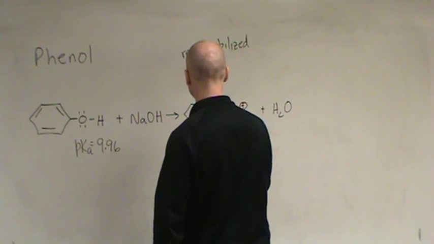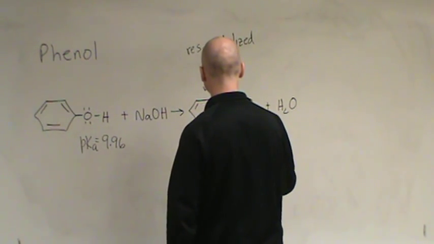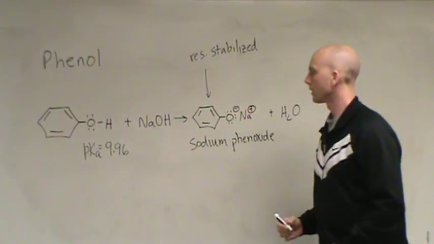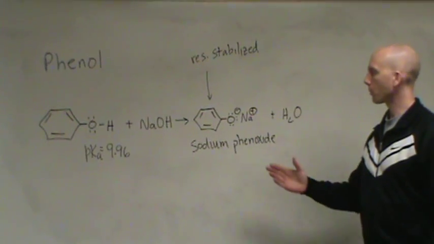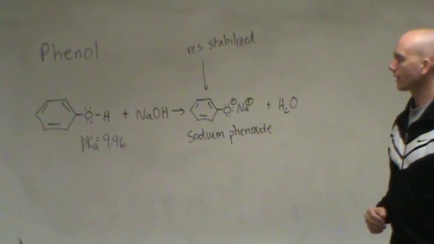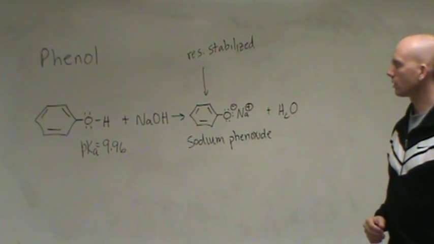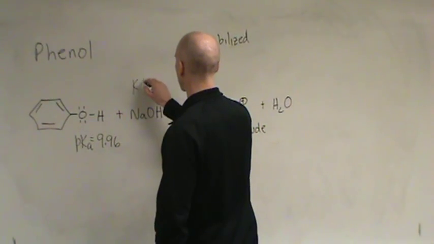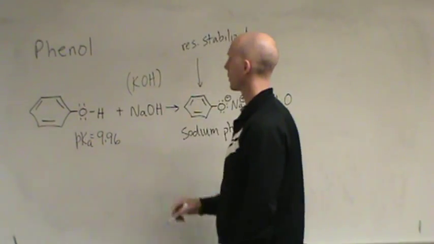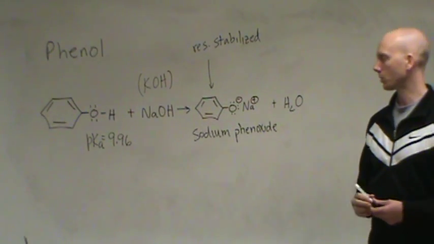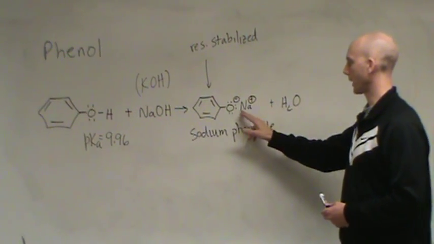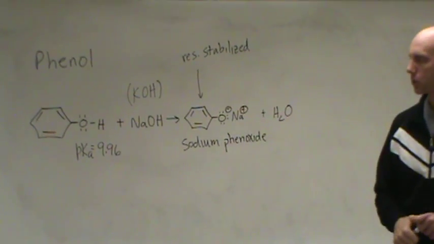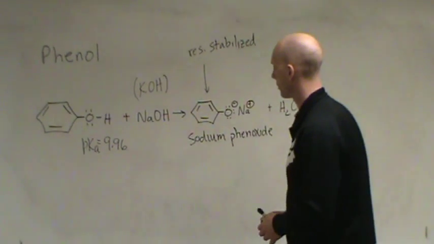So this would be properly named sodium phenoxide. So the point is we can remove the acidic hydrogen on phenol using a regular base like sodium hydroxide, or even potassium hydroxide would do the same thing. You would just end up with potassium phenoxide. Okay, so this is the special property of phenol.